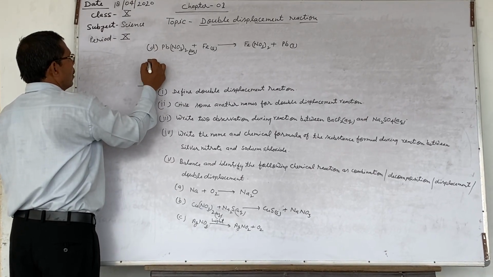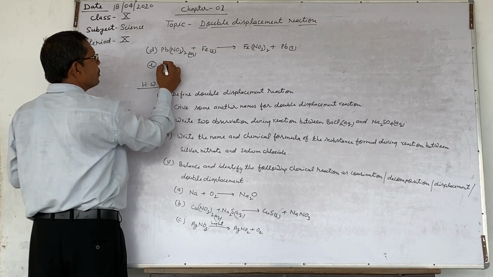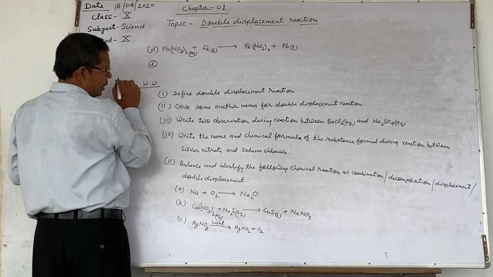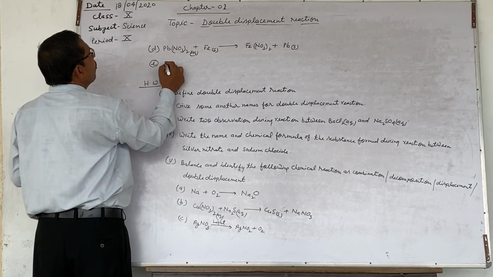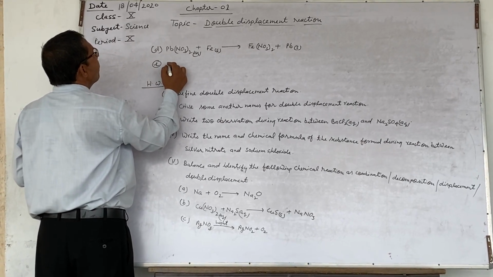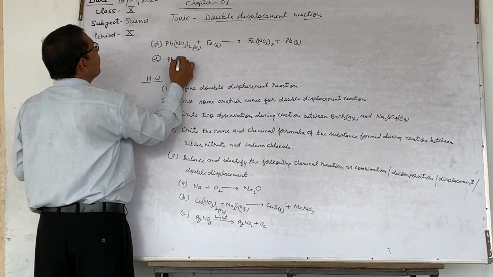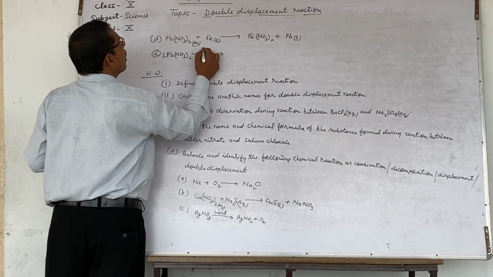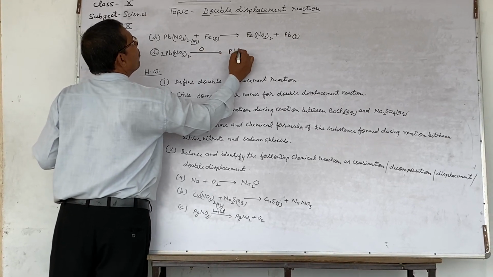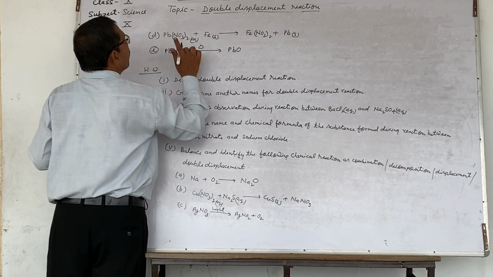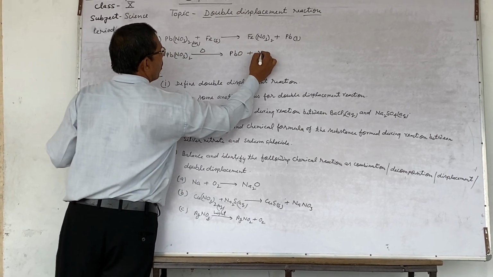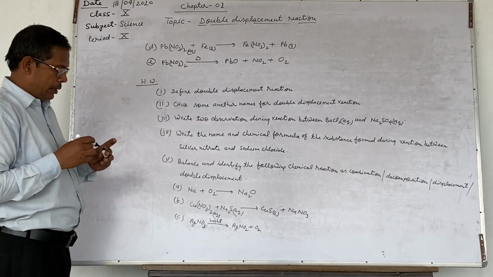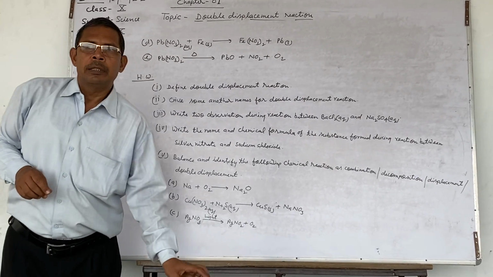Next, and last one, Pb(NO3)2 gives PbO plus NO2 plus O2. Thank you very much.